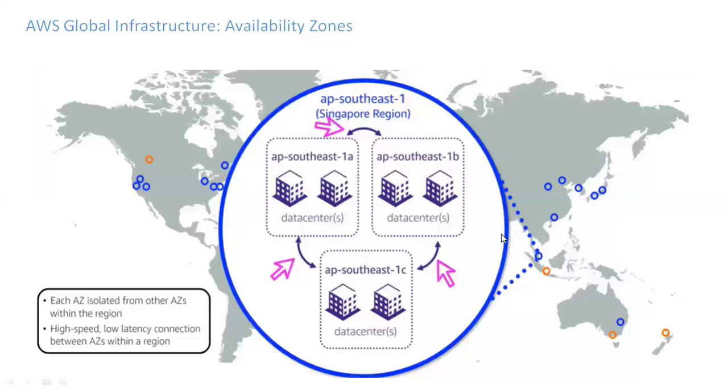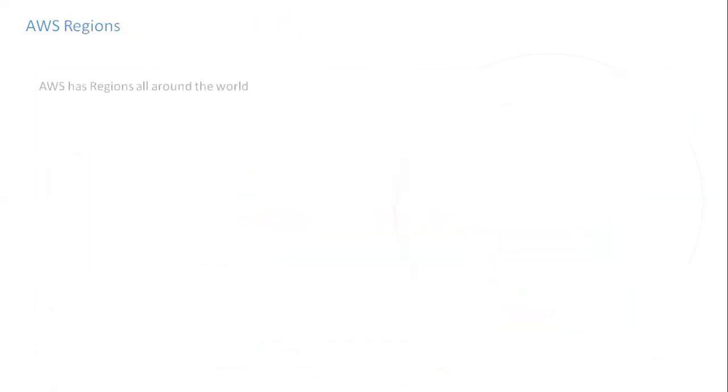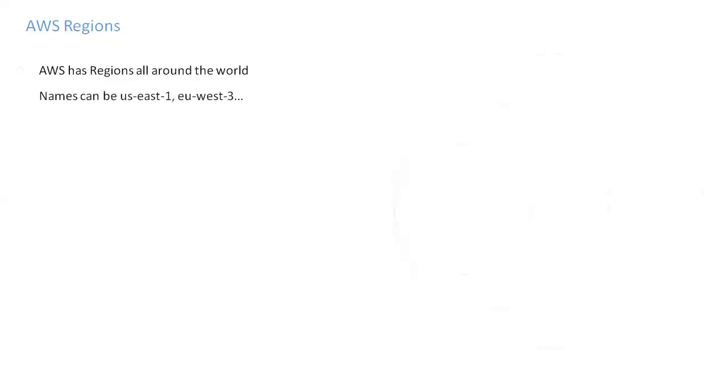So a region is any geographical location where AWS has set up its infrastructure. You can read here that AWS has regions all around the world, and region names look like US East 1, US East 3.